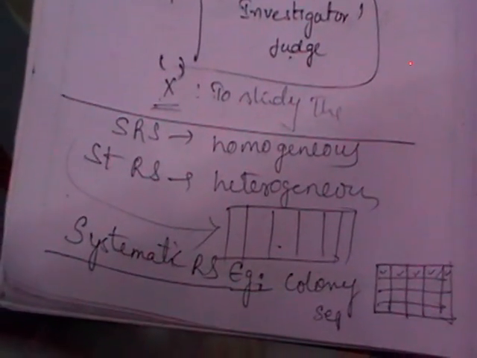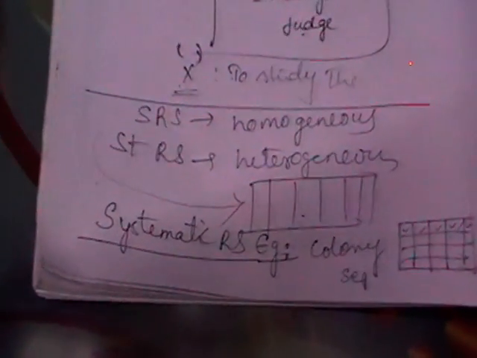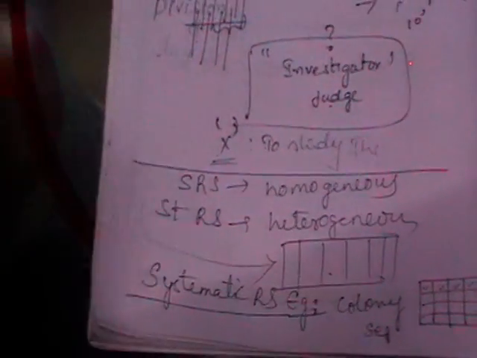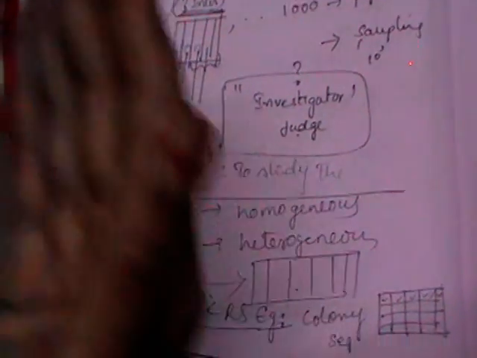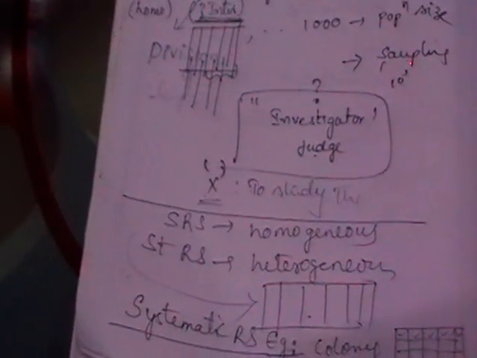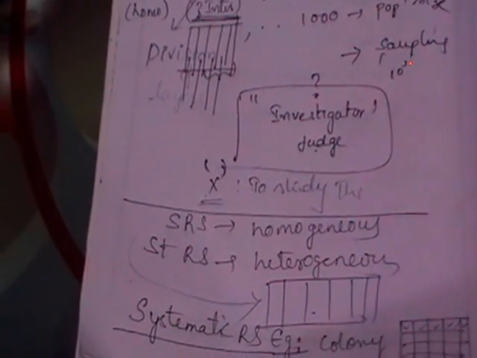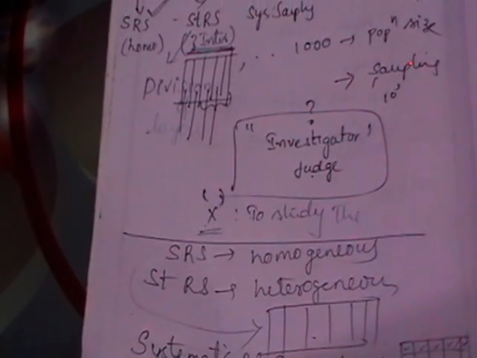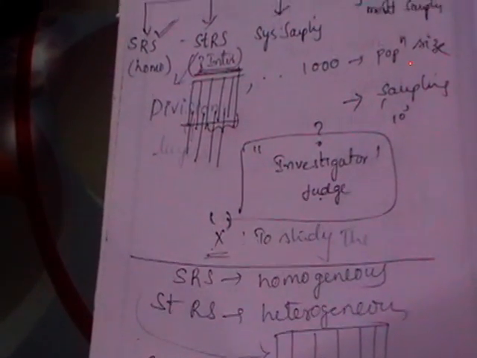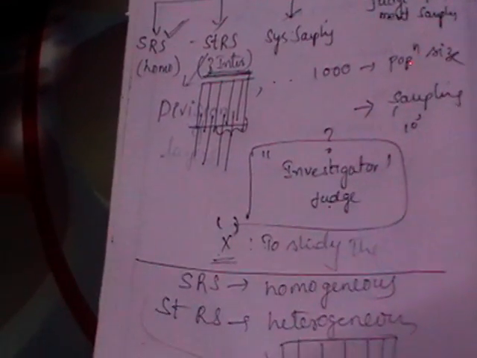All those are serially arranged. Then I can pick up randomly 2 units from the first street, 2 units from the second, and so on. So whenever the units in the population are systematically or sequentially arranged, to collect a sample from such a population, we use systematic sampling.